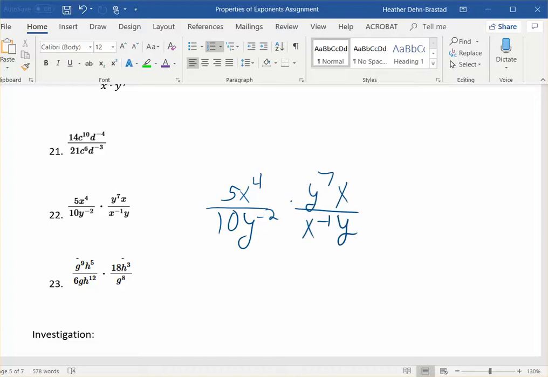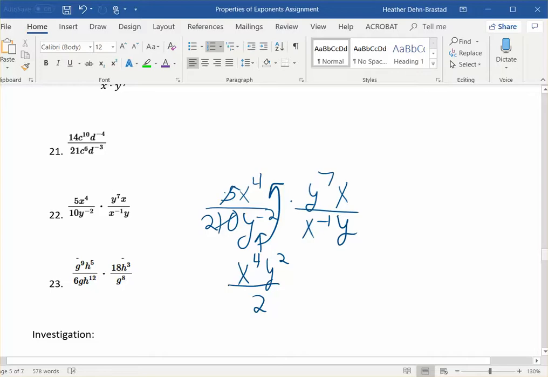First of all, the number part you can simplify by saying, well, I know that 5 goes into 10 2 times. Or you can say 5 over 10 is 1/2. So that part's taken care of. Let's make this be a positive exponent. And we do that by moving it up and changing its sign. So now in the numerator, I would have x to the 4th, and now I'll also have y to the 2nd.